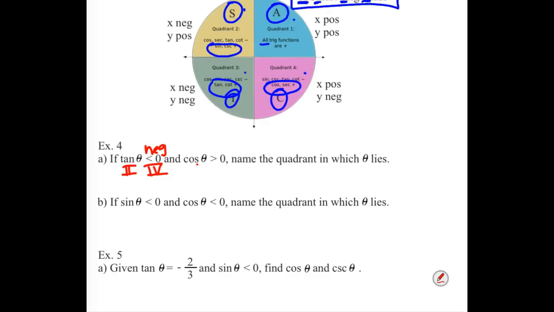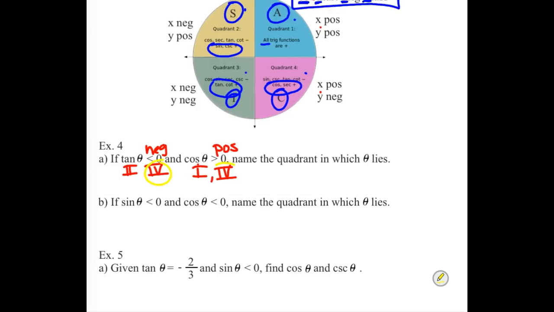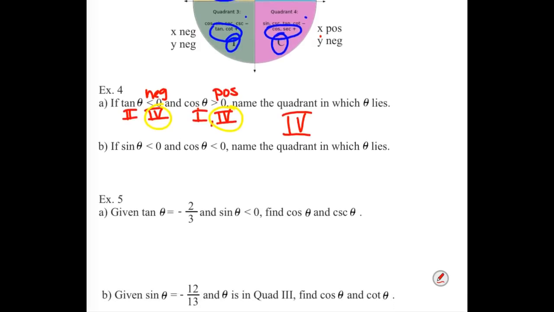The next requirement is that the cosine has to be greater than 0 or positive. Cosine uses an x coordinate, and x is positive in quadrants 1 and 4. So for both of these criteria to be true, the only way that they both match is using quadrant 4. So our angle must be in quadrant 4.